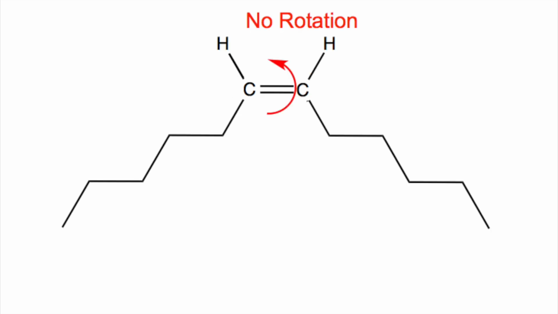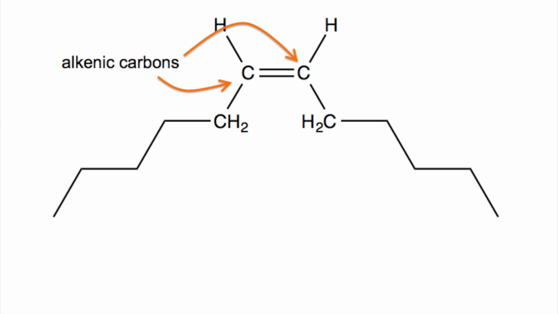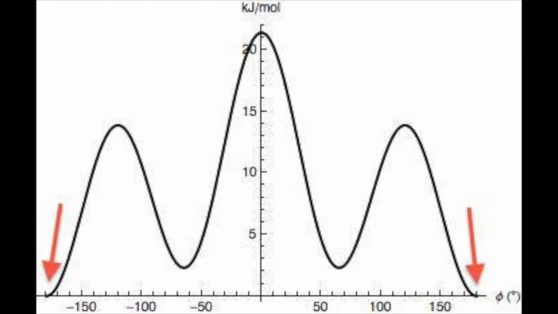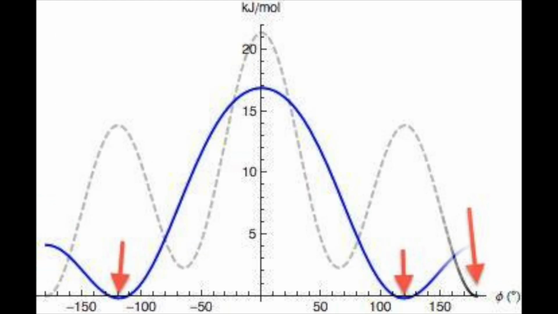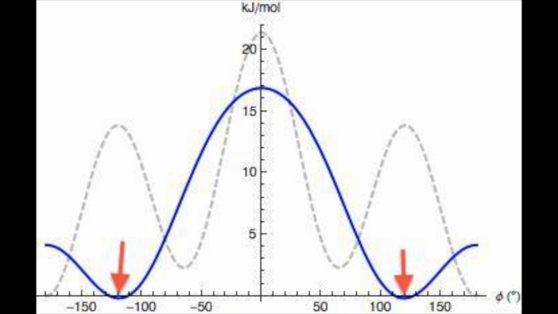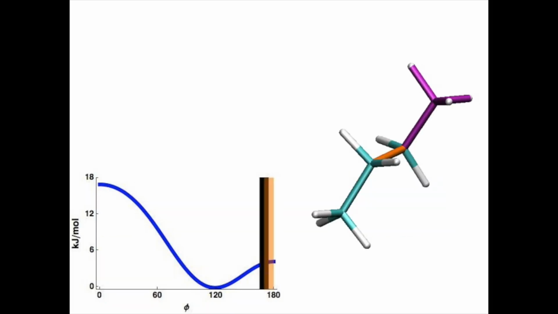Although the pi bond prevents rotation around the sp2 alkenic carbons, rigidly keeping its dihedral angle close to zero, it actually makes it easier for rotations to occur around the bonds that connect the alkenic carbons to their neighbors, the allylic carbons. In contrast to carbon-carbon bonds in saturated chains, for these alkenic allylic single bonds, the most stable dihedral angle is not 180 degrees, but rotated about 60 degrees clockwise or counterclockwise.